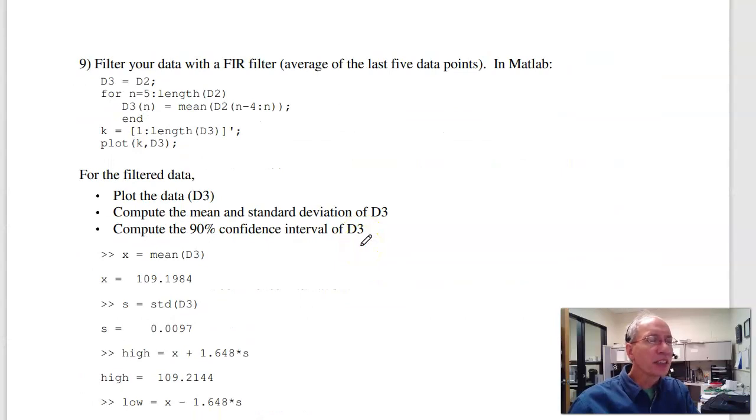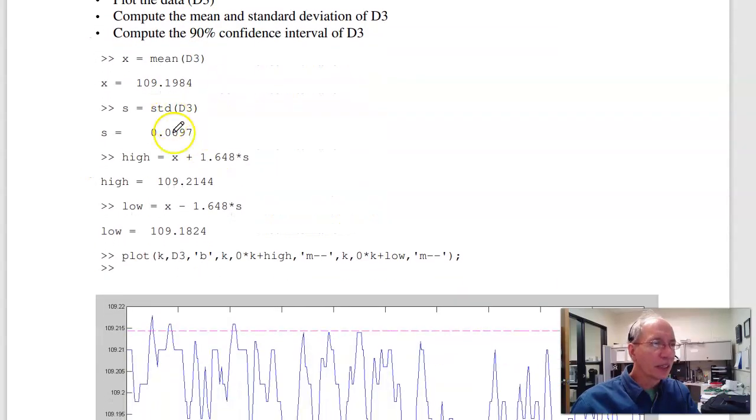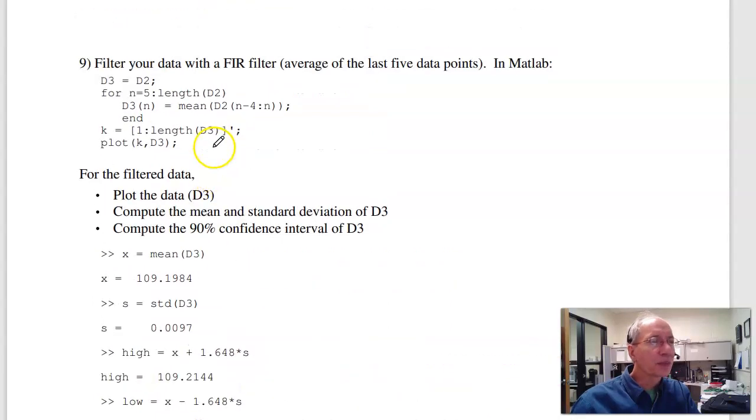Problem number 9 says, let's take the data and average it. If I average the last 5 data points, averaging helps get rid of the noise. So here's a program that does that. For all the data, I'm going to take the average of 5 data points, and that's my filtered data. If I do that, my standard deviation gets smaller.